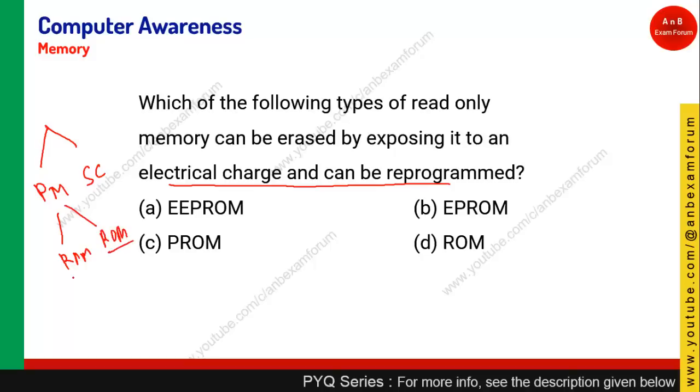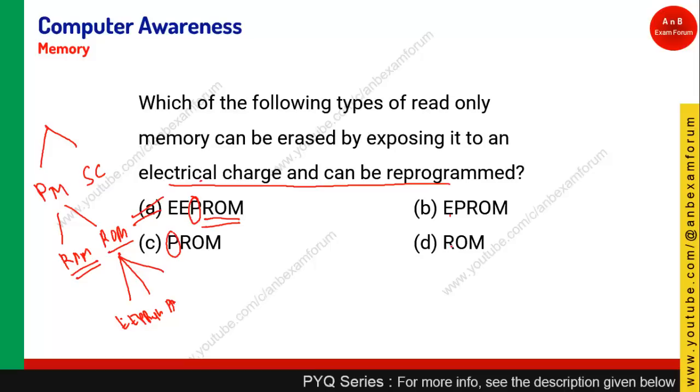It is read-only memory, and RAM is random access memory. ROM you can again divide into certain parts like EEPROM. PROM means programmable read-only memory. P means programmable, so it is programmable ROM. EEPROM is electrically erasable programmable ROM. Since we are passing the electrical charge and it can be reprogrammed, electrically erasable programmable ROM is the right answer for this question.